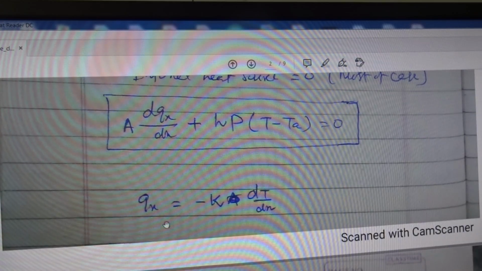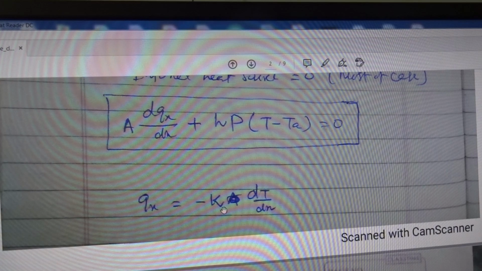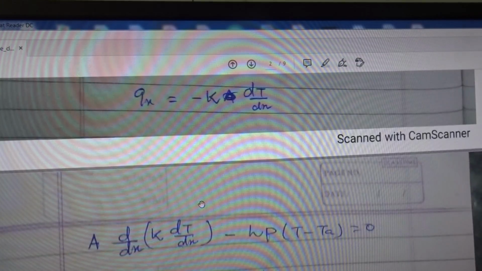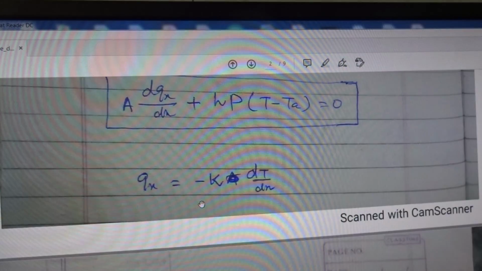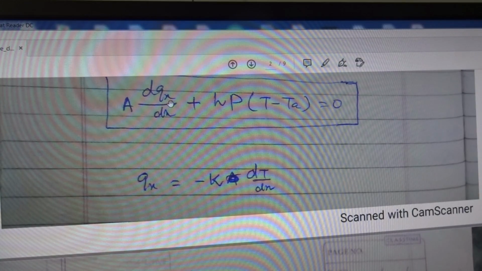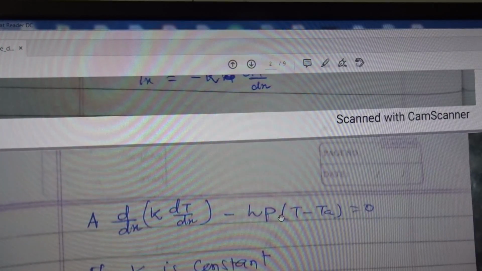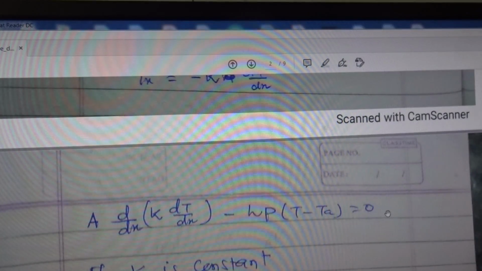So Qx is equal to, already you know, Qx is equal to minus K dT by dx. Here the negative sign is applied because dT is already negative. So when we substitute the value of qx here, this equation becomes A d by dx of K dT by dx minus hp T minus Ta is equal to 0.